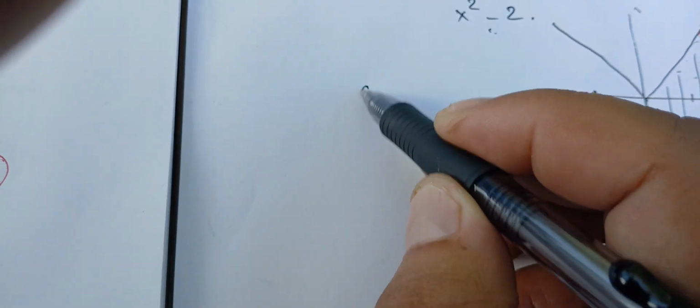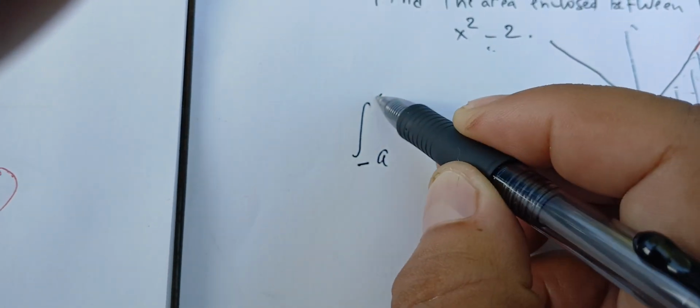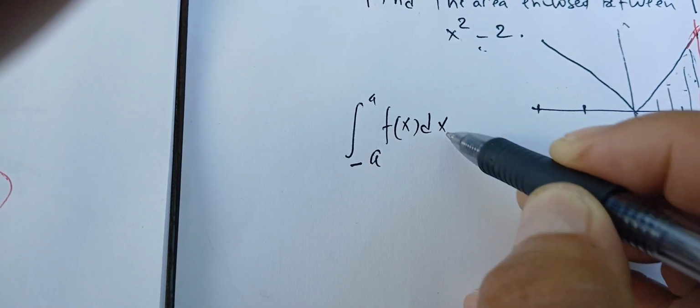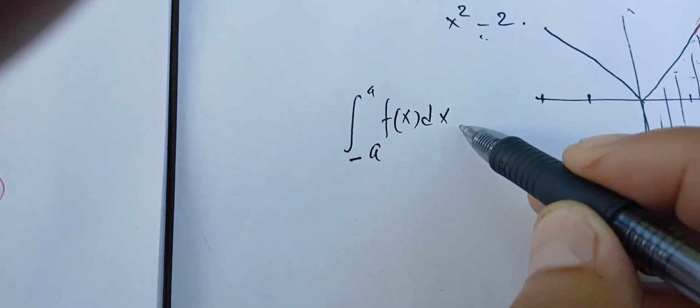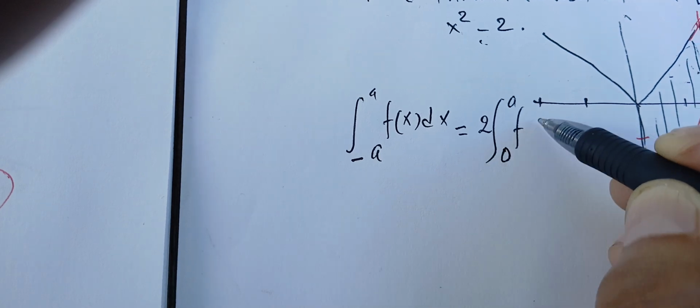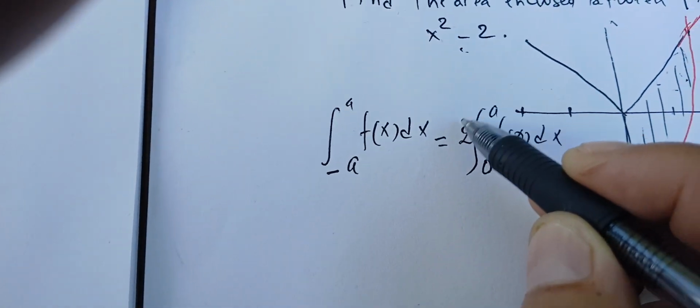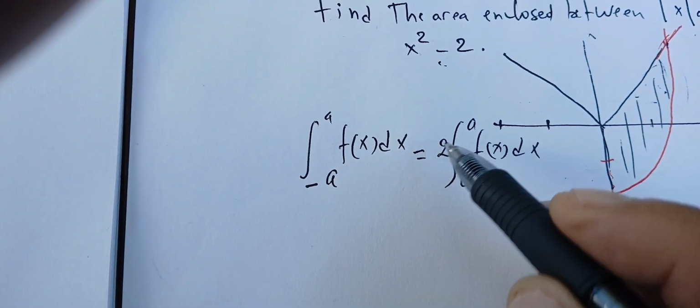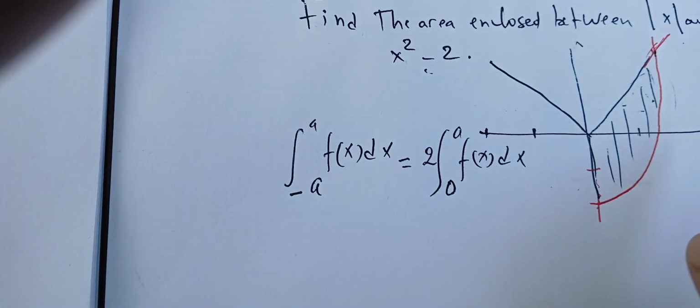The key idea is if we are integrating between minus a and a, and f is even, the area is the integral between 0 and a of f of x dx, multiplied by 2. And that's what we're going to do here.